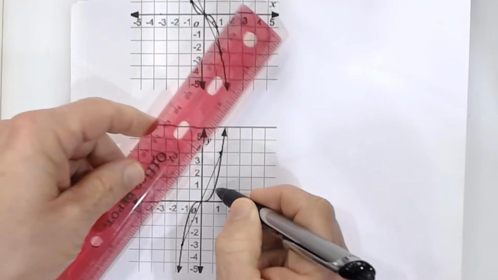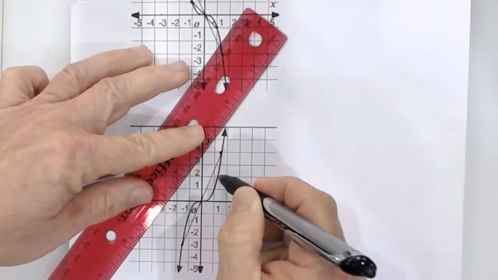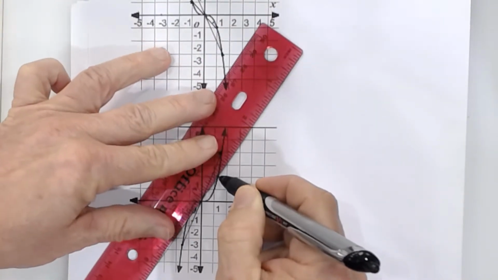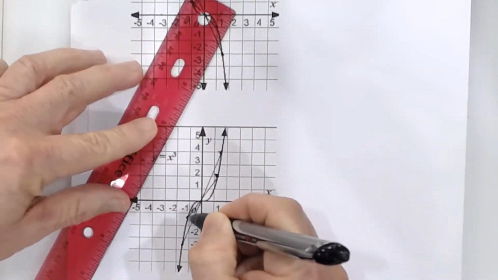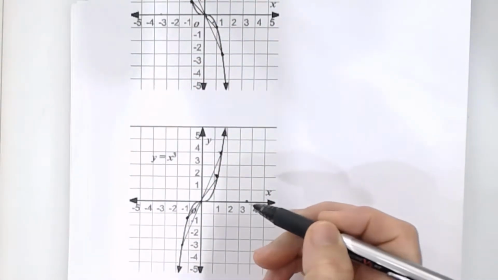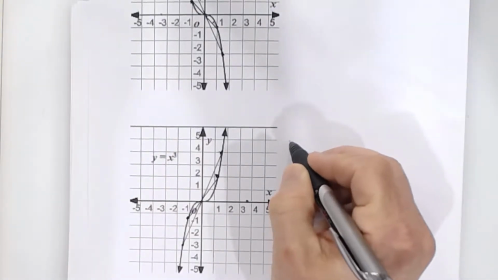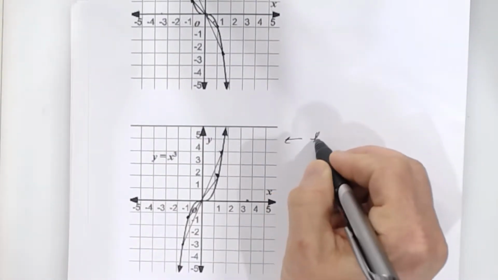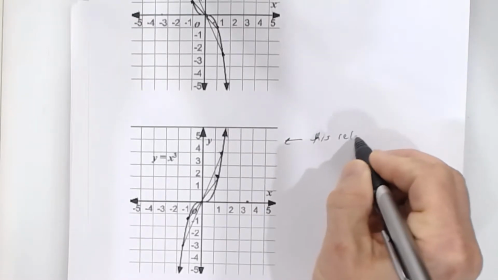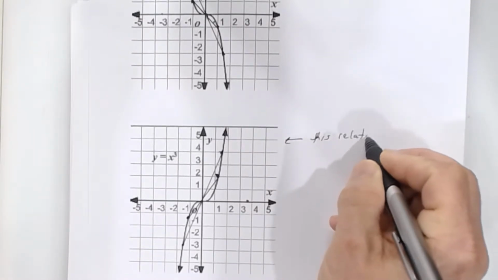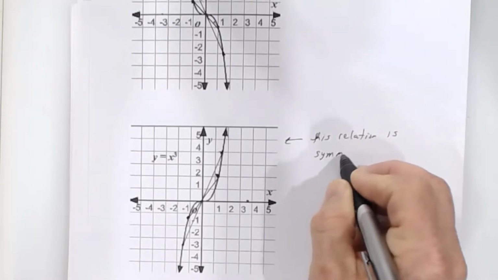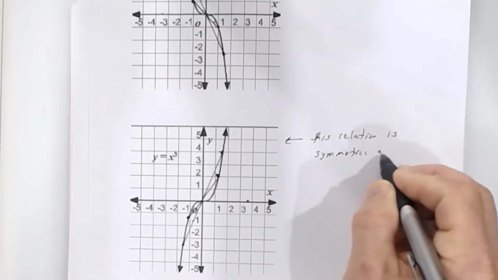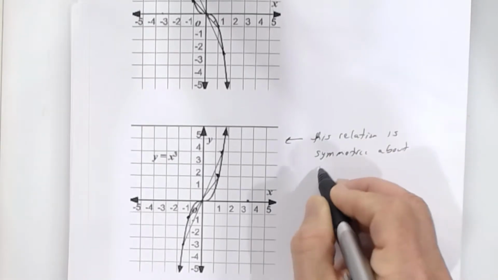Take this distance here, reflected about the origin, I get that point. So this relation is symmetric about the origin.